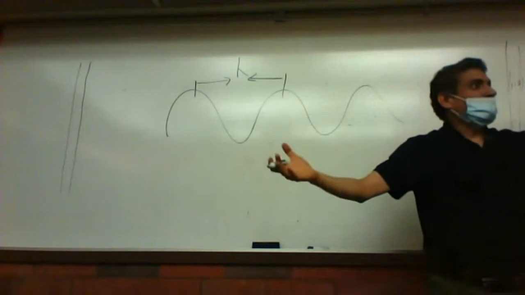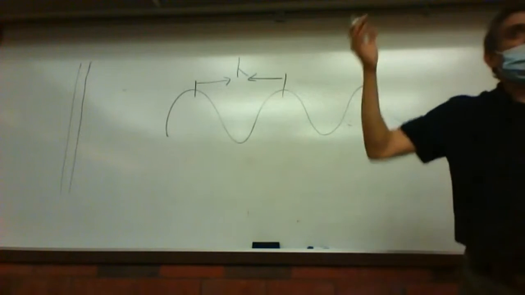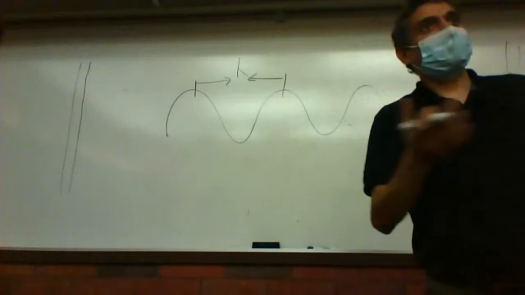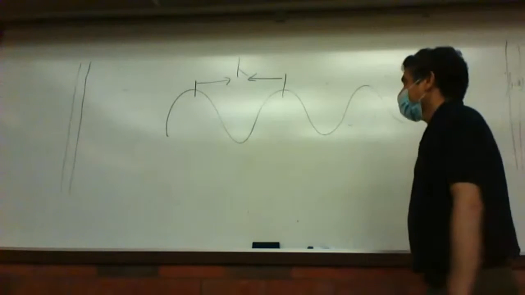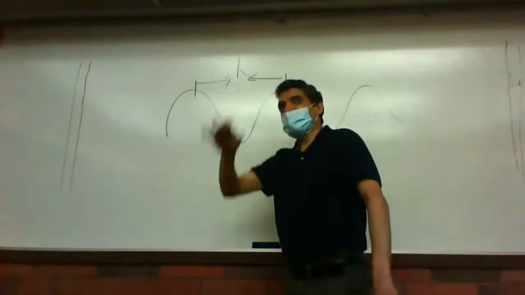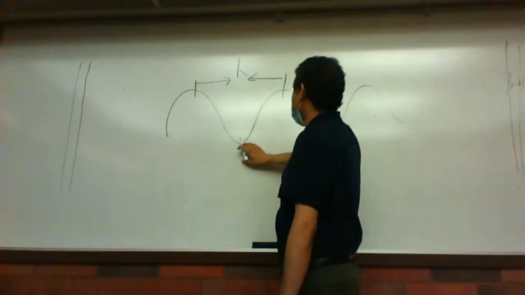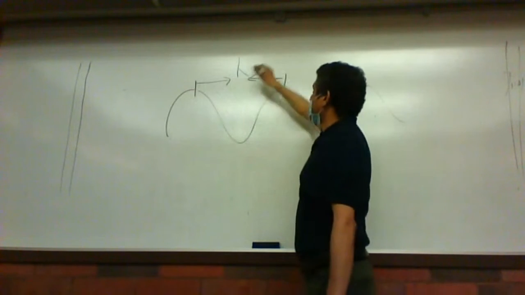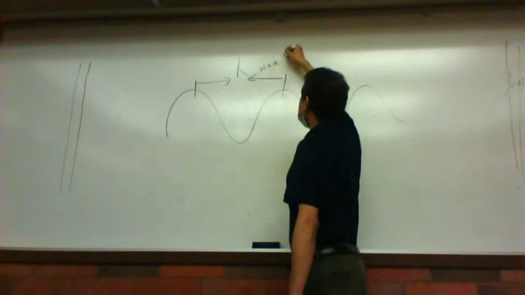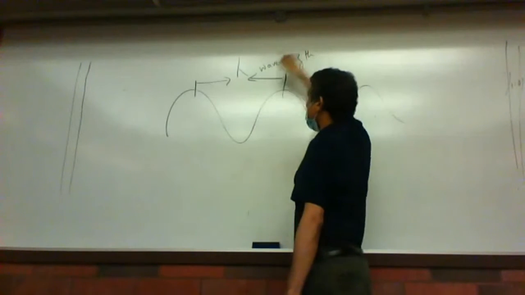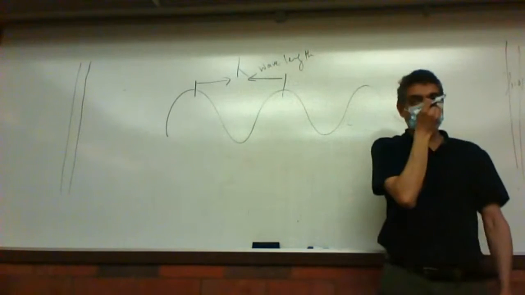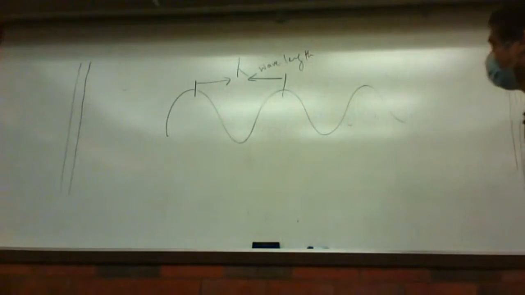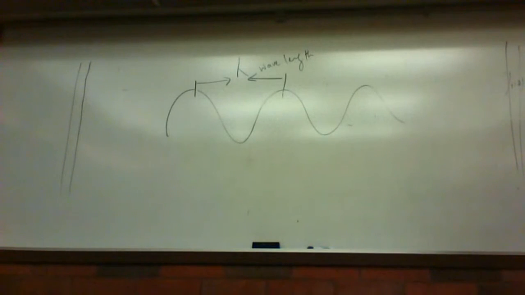Light, electromagnetic radiation, everything moves like a water wave, and you have the peak and the valley. This is a peak and this is a valley in the wave. The distance between the nearest two peaks is called the wavelength, and it is given by lambda, the Greek letter. So this is one property of the wave.